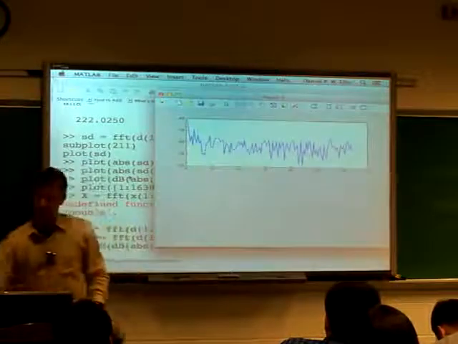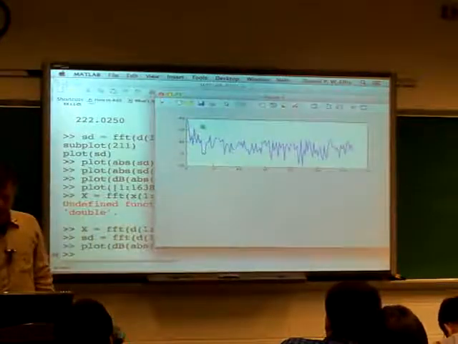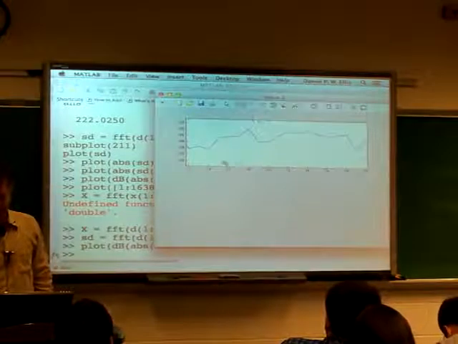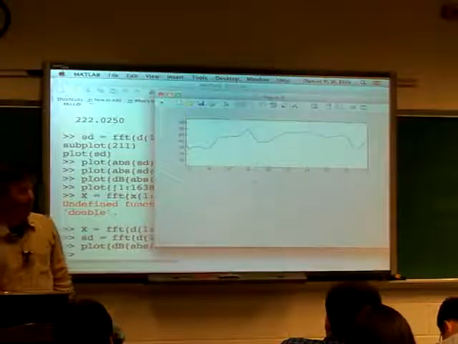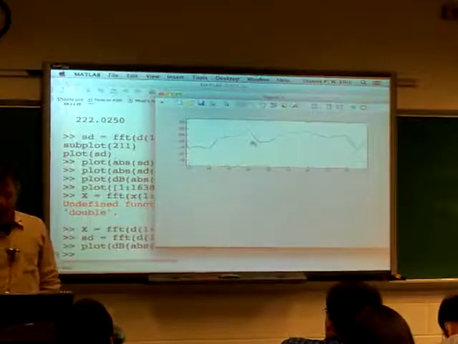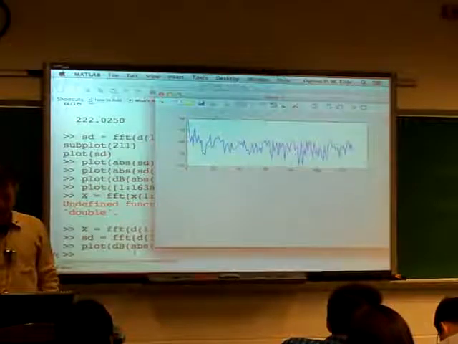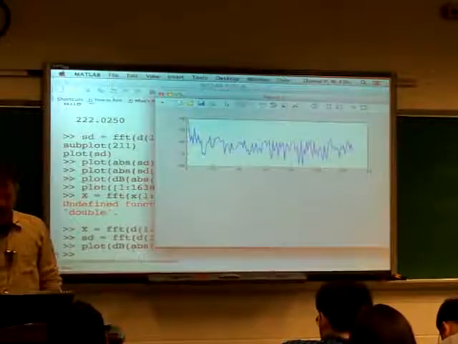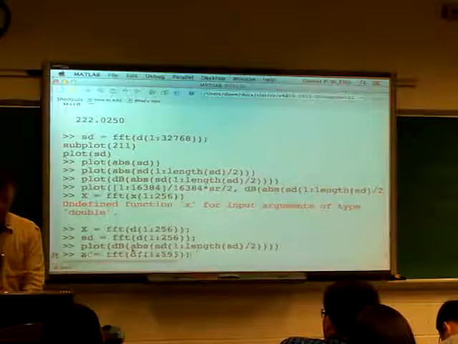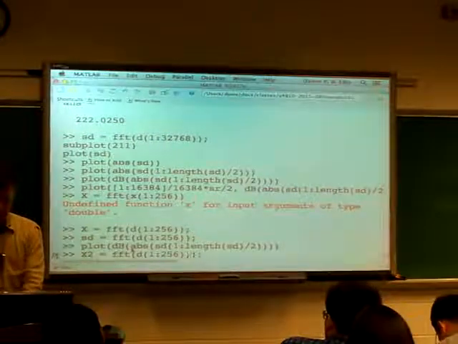If we zoom in around here, these are again bins, but they're fairly coarsely sampled. We could take a much longer DFT.